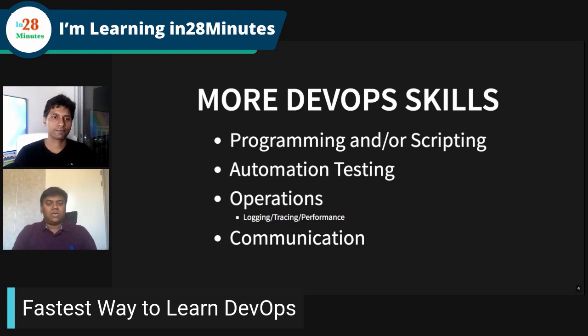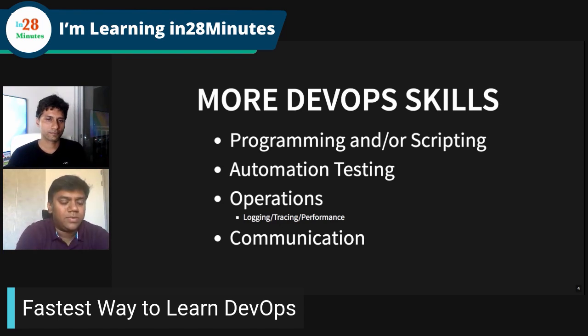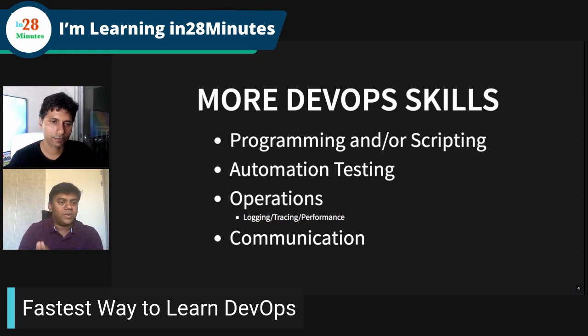The reason is, as one of the definitions, there are multiple definitions that Ranga pointed out. One of the definitions is breaking the walls between development and operations. So how do you do that? You make a development team and an operations team work together. You are responsible for building a solution, deploying the solution in production, and also running that solution in production.